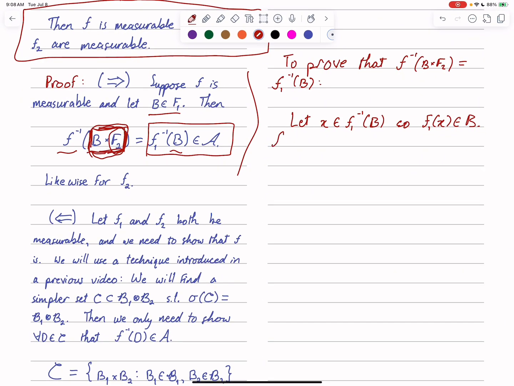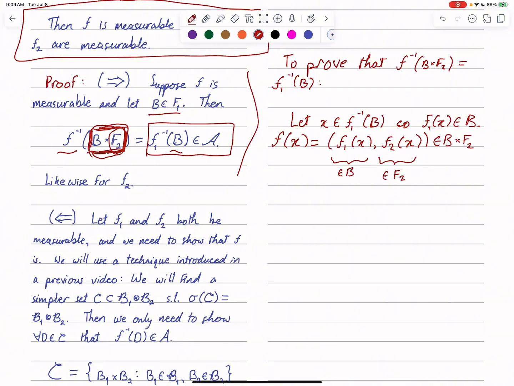So let's talk about f of x, and that is equal to, by definition, (f1 of x, f2 of x). And notice that we just said that this component is in B, and this component certainly is in F2, which is exactly what we need. We need this thing landing in B cross F2.